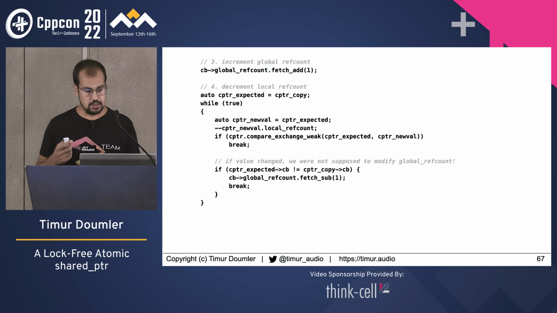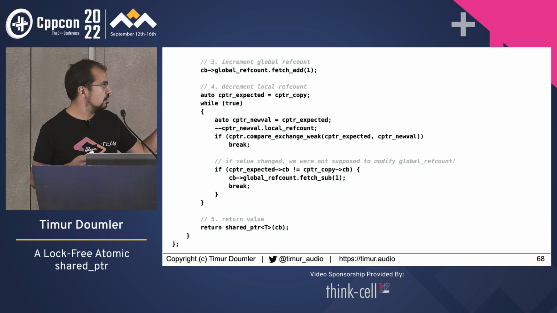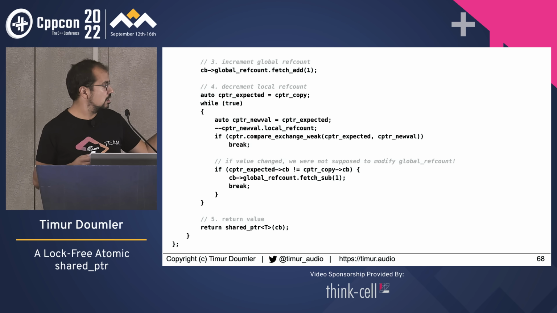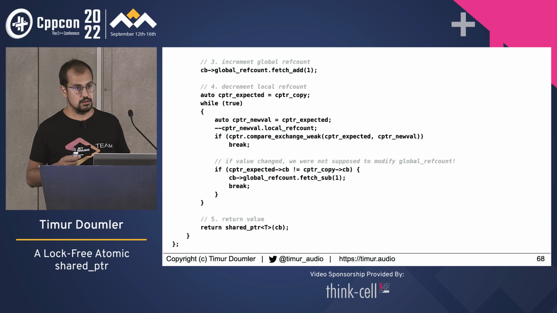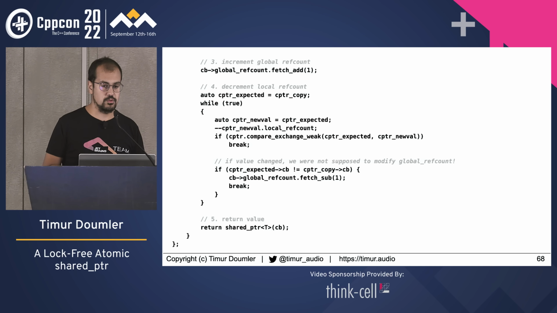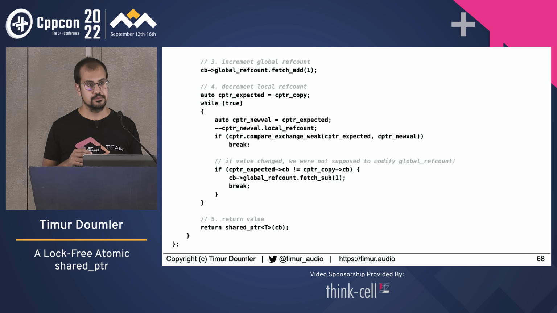So we're going to be looping in there, and then eventually the compare exchange will succeed, and it means, yes, we got to increment the ref count and no other thread got in the way, so we're done, and we can just return the new state.